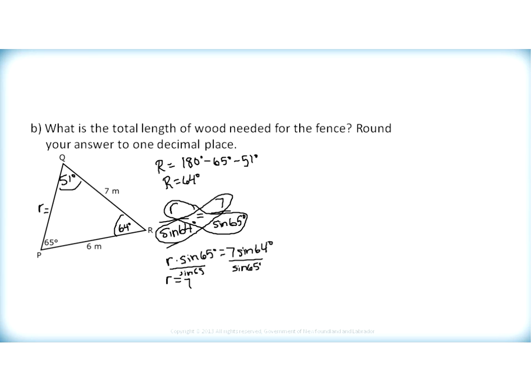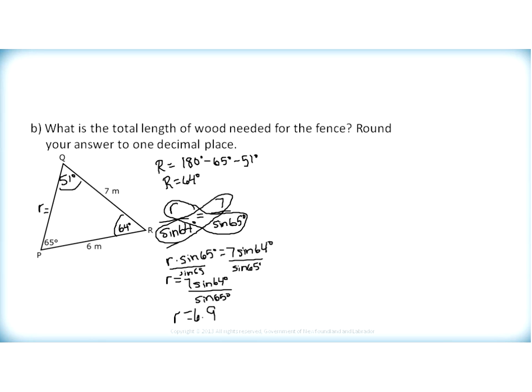So r is equal to 7 sine 64 degrees over sine 65 degrees. And with my calculator, I can type that in exactly as I see it. So 7 times sine 64 divided by sine 65 gives me r is equal to 6.9.